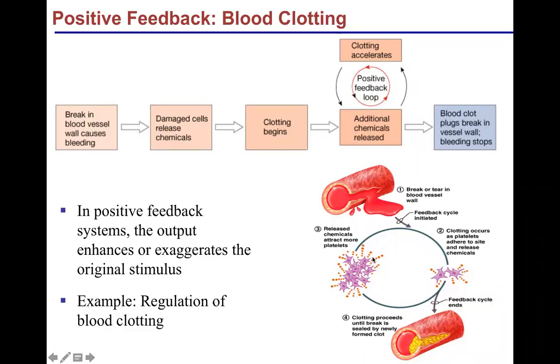As a result, more and more of these chemicals come into the damaged area. A clot is formed, resulting in blood clotting, which is an absolutely necessary phenomenon in the entire process. Otherwise, we will bleed to death. Okay. This again is an example of positive feedback, how these chemicals produced in the area cause more and more production of the chemicals, which causes the ultimate blood clotting.